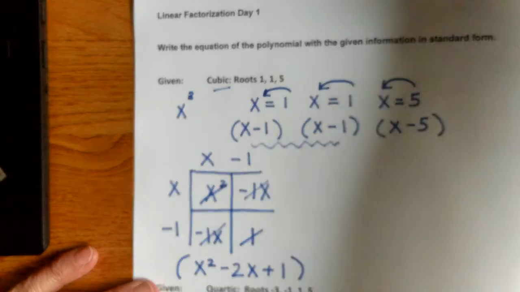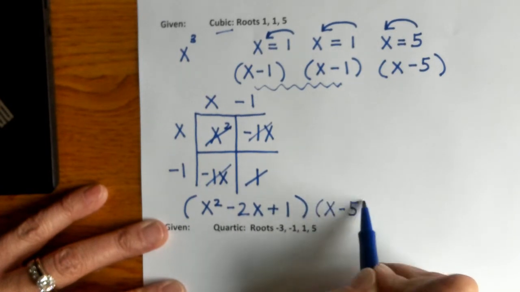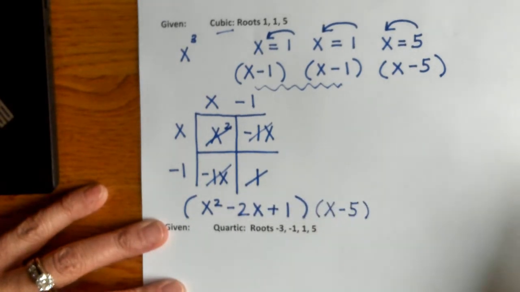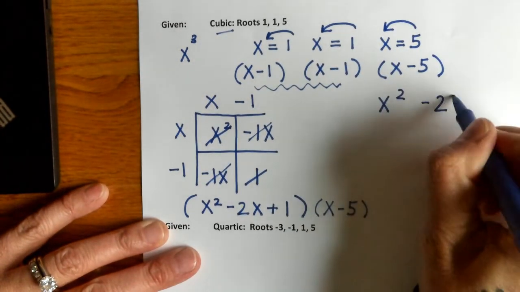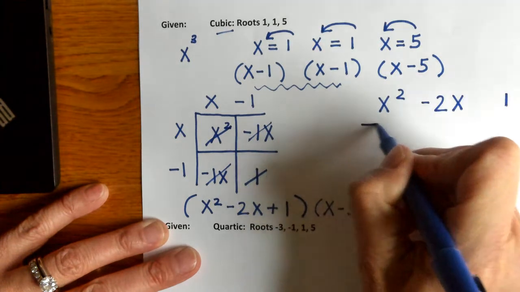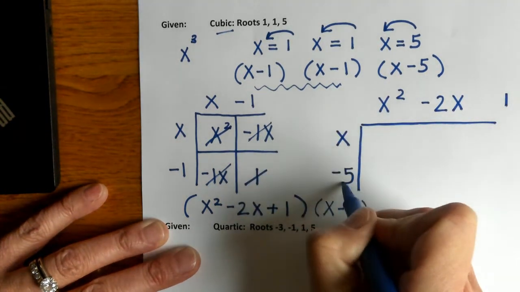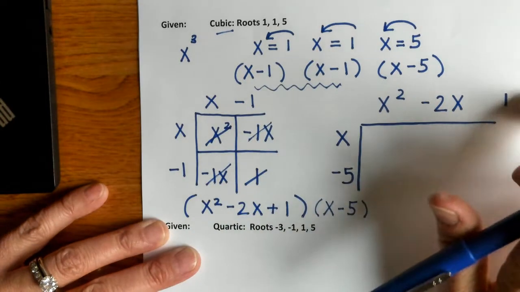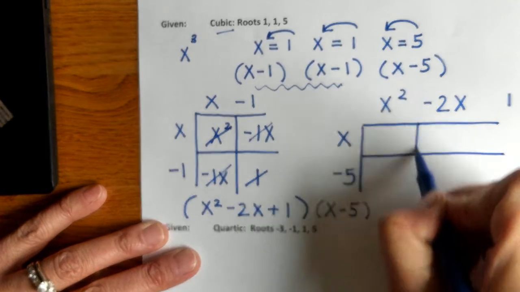What I will do now is multiply what I got by x minus 5. So I'm going to make an array again. On the top I'm going to put x squared minus 2x plus 1. And on the side I'm going to put x and negative 5. You could have put x minus 5 up here and all of this on the side. It doesn't matter at all.